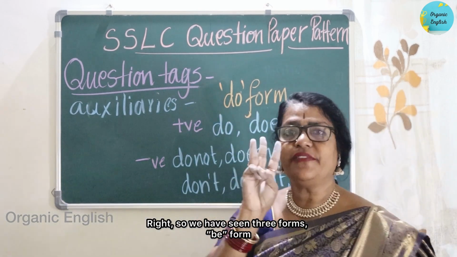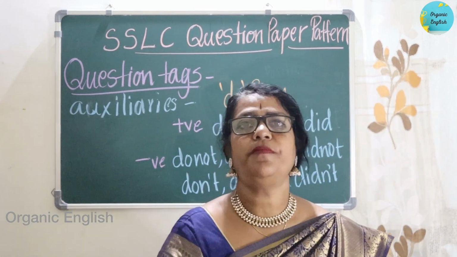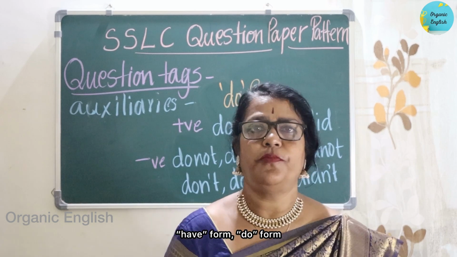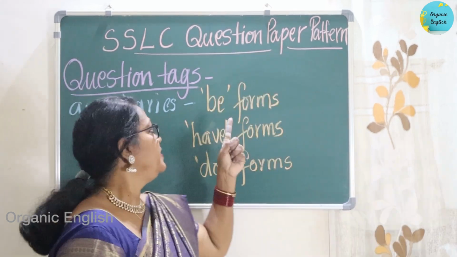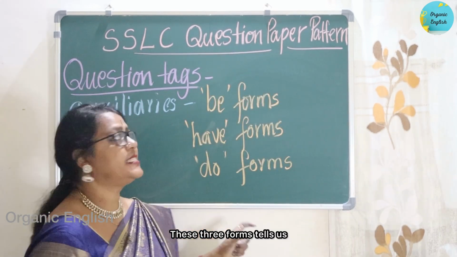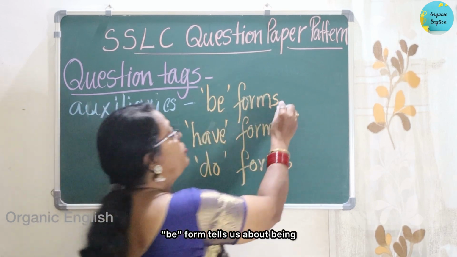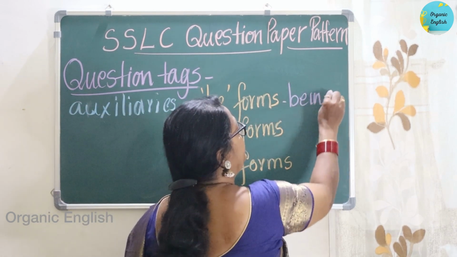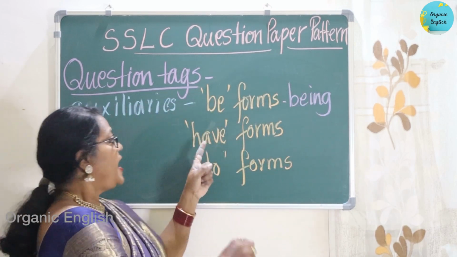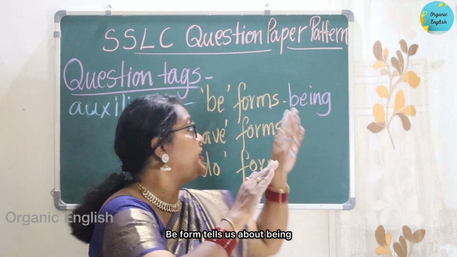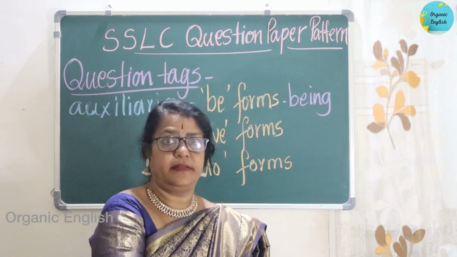Right, so we have seen three forms: be form, have form, do form. What do these forms tell? Be form tells us about being.